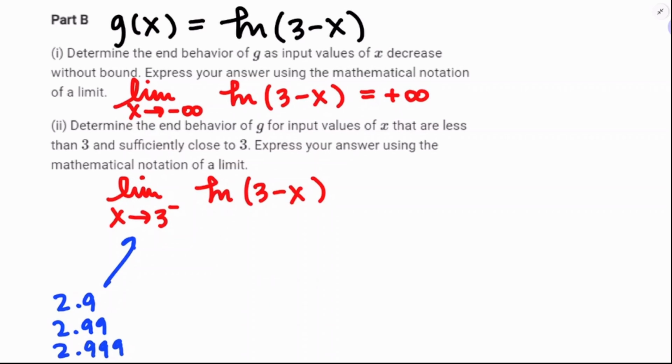That's log of 0.1, log of 0.01, log of 0.001. This is like thinking about the graph of y equals regular log x, as the input of that regular log is going towards 0. And we know that one goes to -infinity. So I'm going to say that's -infinity. I didn't just love my explanations for this part B, but that's what I've got for you.